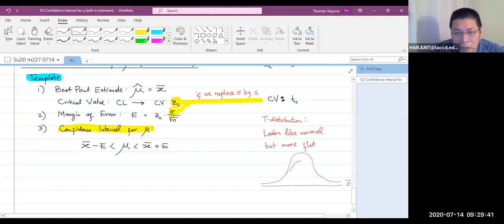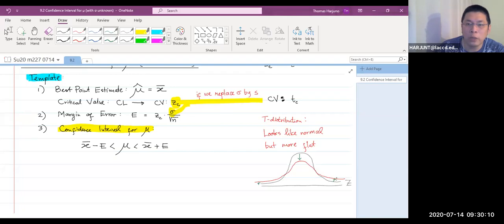The peak is not as high, but therefore the tail is thicker, because the area under the curve still has to be 1, right? Because the peak is getting lower, the tail is getting thicker. Is it okay?